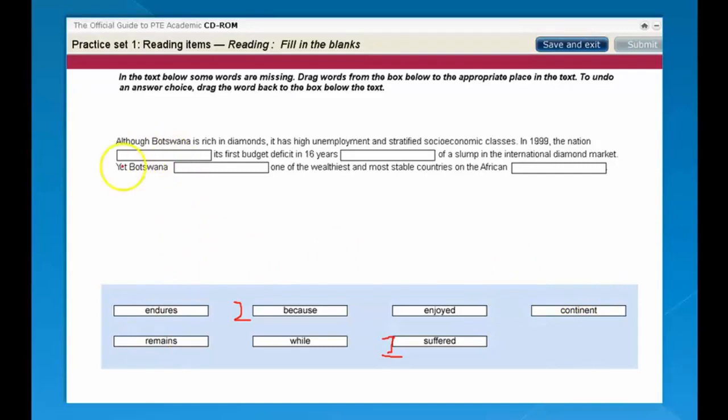Remains, yet Botswana remains one of the. So that corresponds to this because you have yet, which implies that it's in rather of. So this will be number 3. And then the last part, one of the wealthiest and most stable countries on the African endures. No. Enjoyed. No. Continent. Yes. Because it is a noun.